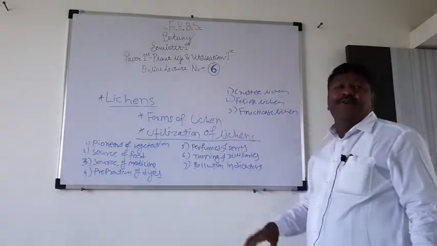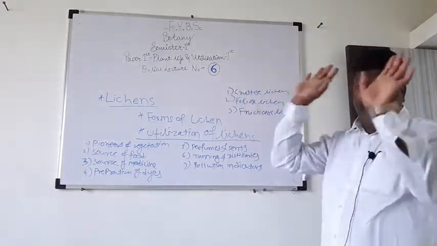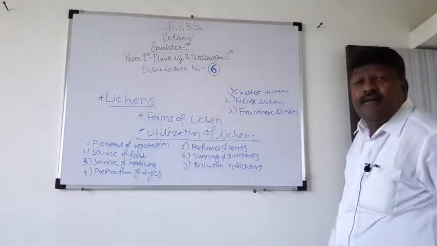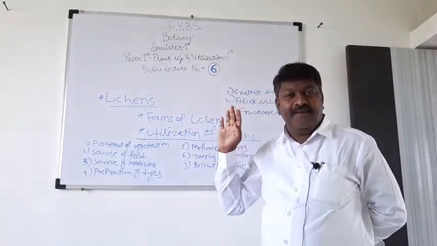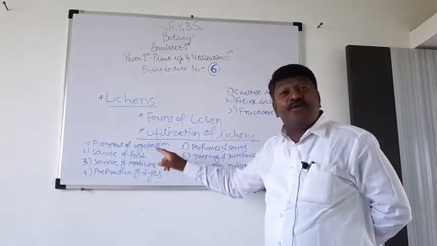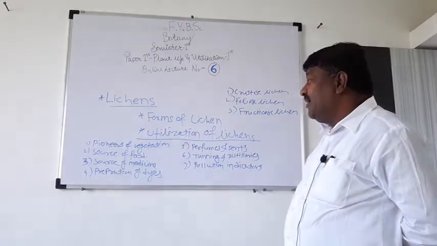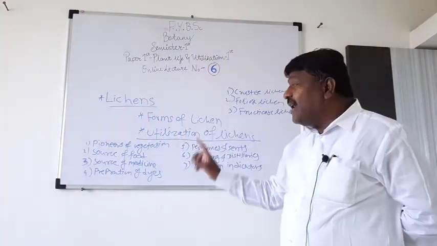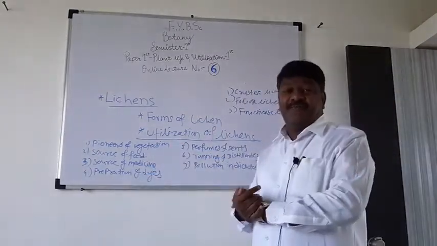Then we discuss about utilization of lichen. Utilization of lichen means uses of lichen. These lichens are pioneer of vegetation. These lichens are source of food, source of human food. These lichens are source of medicine. These lichens are used in preparation of dyes.